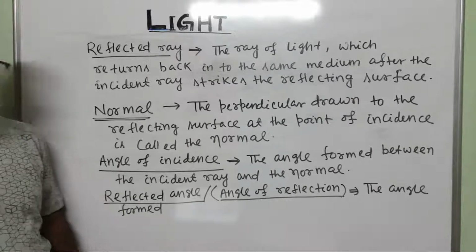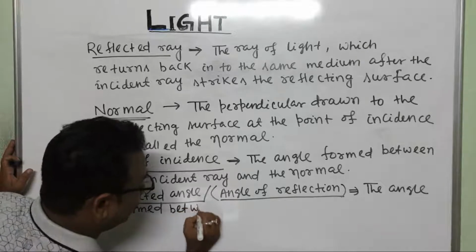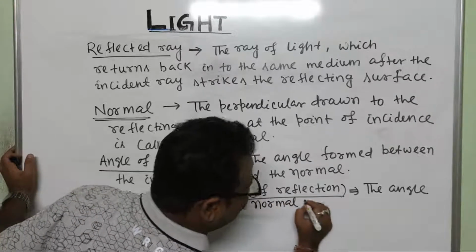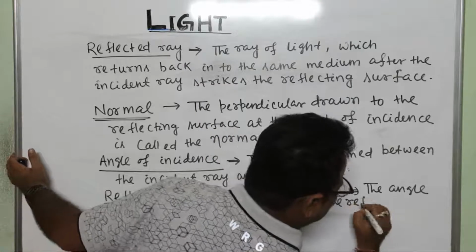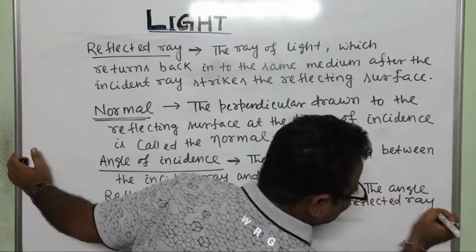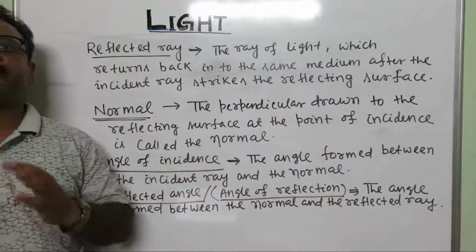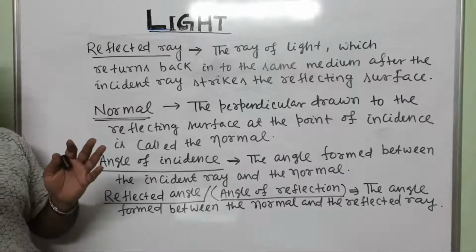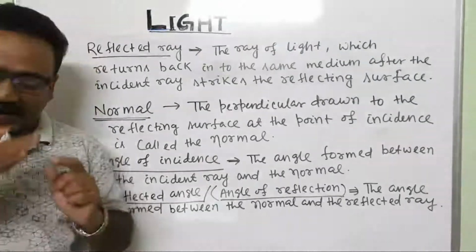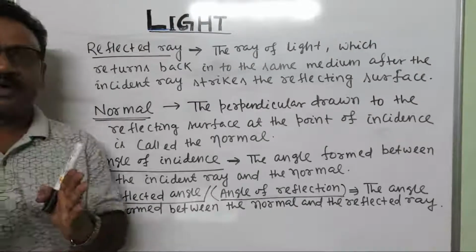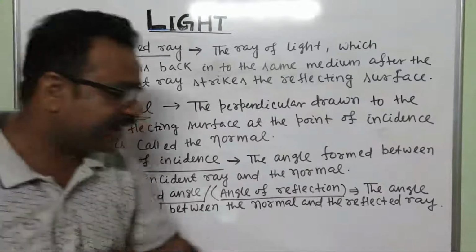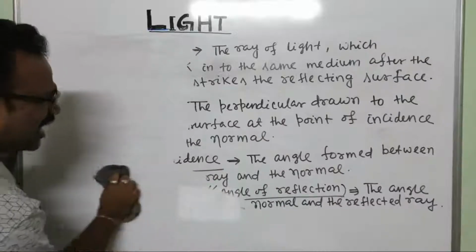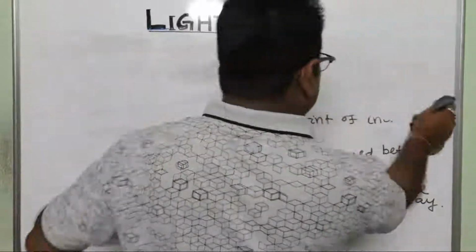The angle formed between the normal and the reflected ray is called the angle of reflection. So now, by drawing the diagram, I will show you which one is incident ray, which one is normal, which one is reflected ray, which is angle of incidence, which is angle of reflection. From this diagram, everything will be clear.